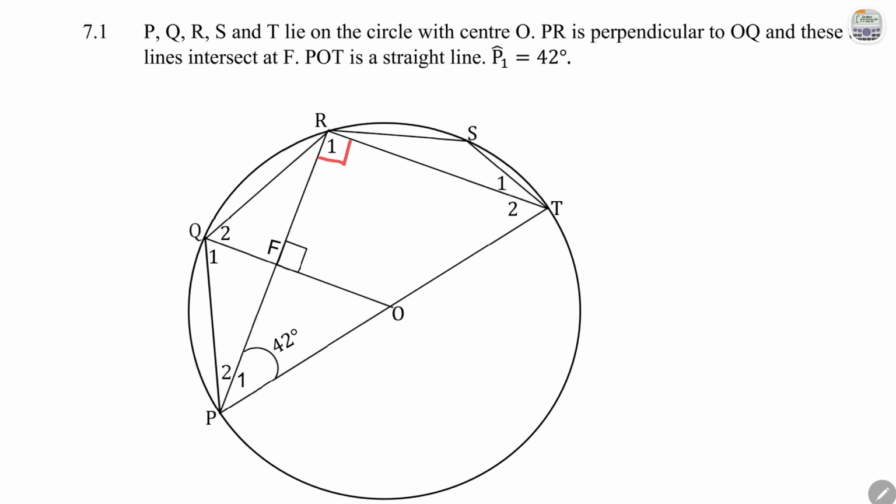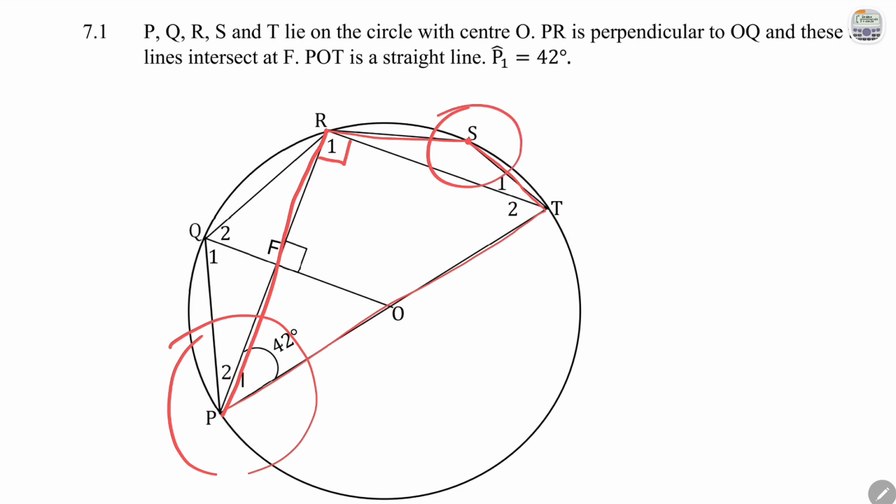But do you notice that if you go from angle S and you join 4 points on the circumference of the circle, so to R, P, and T, we have a cyclic quad. And what do we know about the opposite angles of a cyclic quad? They add up to 180 degrees.